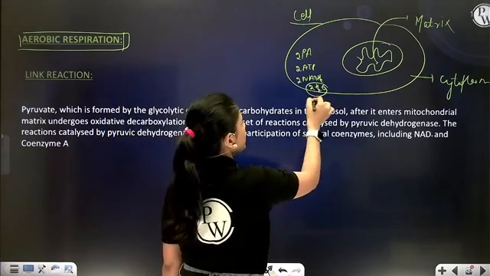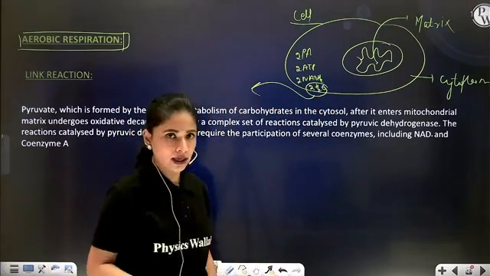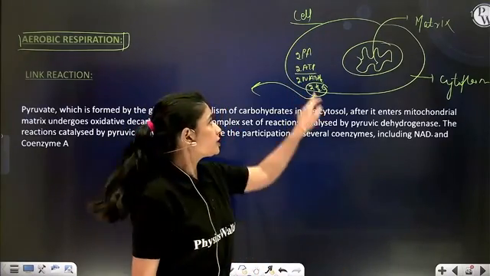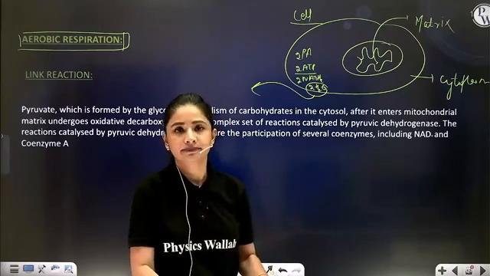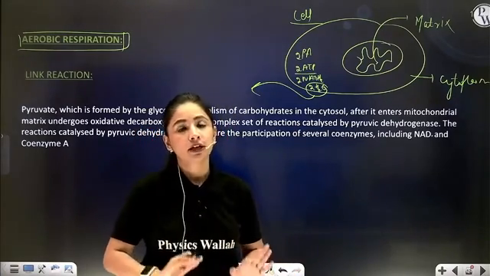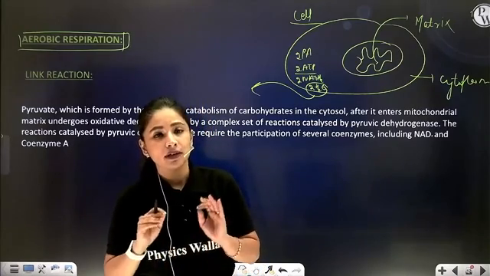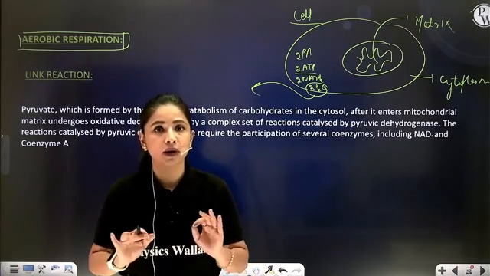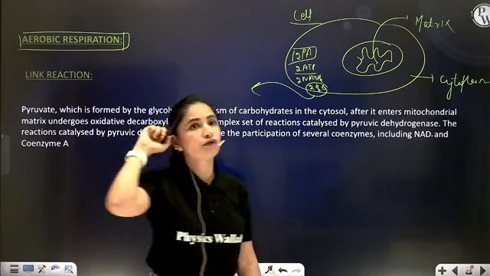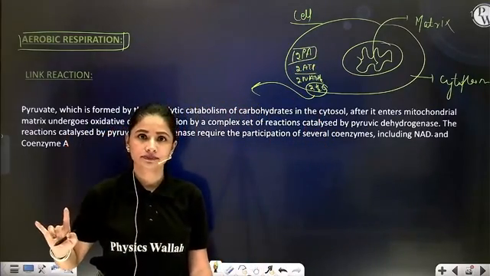Now water will be released out as a byproduct. ATP the cell will use. NADH2 we are leaving for the time being. Let's keep NADH2 still in the cytoplasm. We will use it later on. But right now our main focus is to understand what happens with these 2 molecules of pyruvic acid.